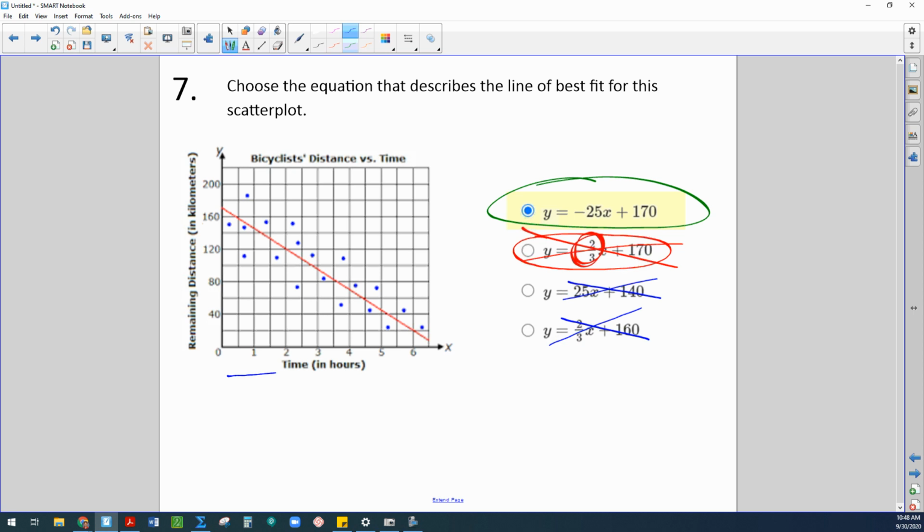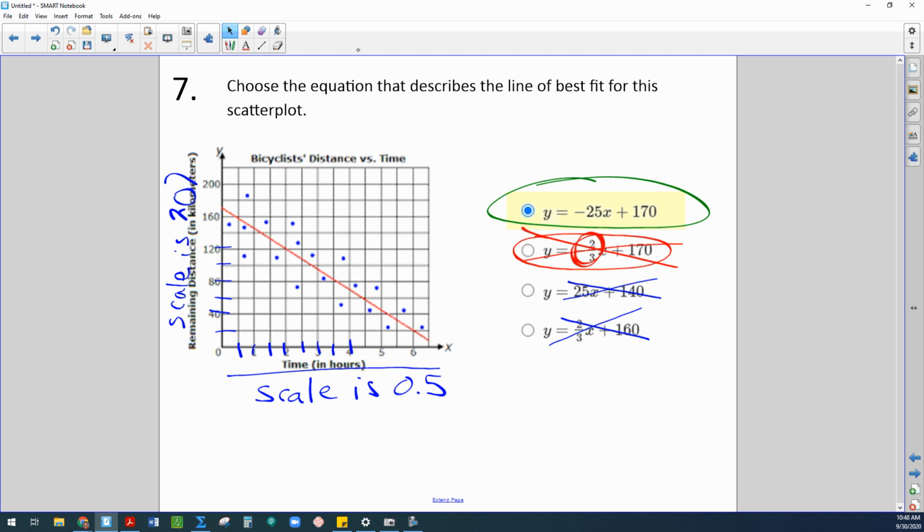When your scale, which tells you how much each box is, is different, so the vertical scale is going 20, 40, 60, 80, 100, 120, so by 20s, and the horizontal scale is going 1/2, 1, 1.5, 2, 2.5, 3, 3.5, 4, when your scale is different, you should test a point.